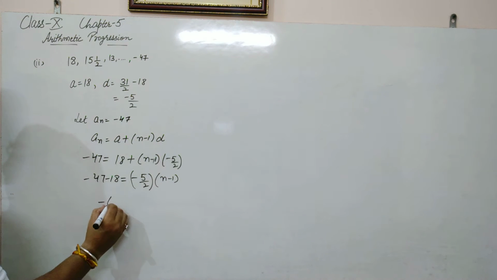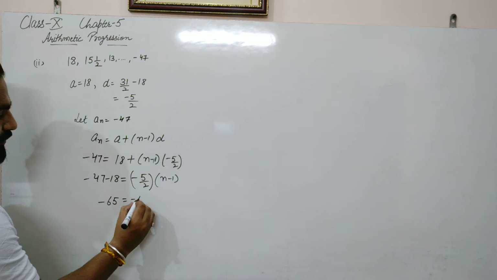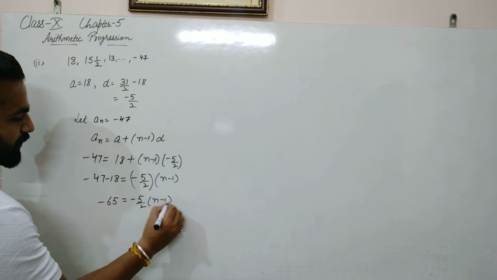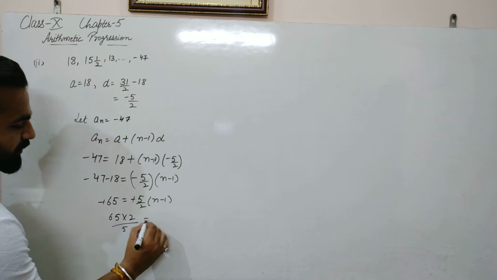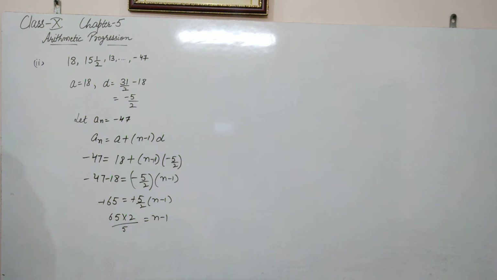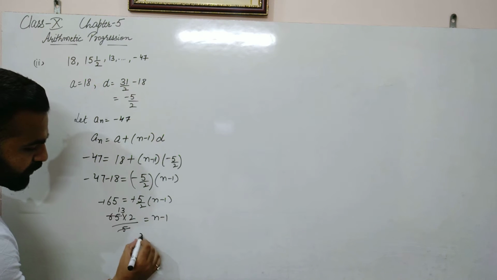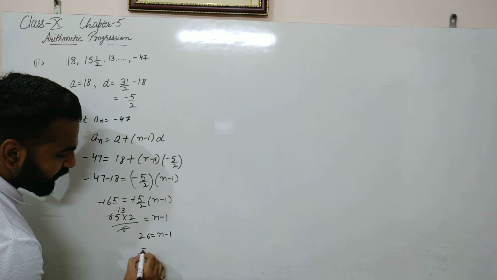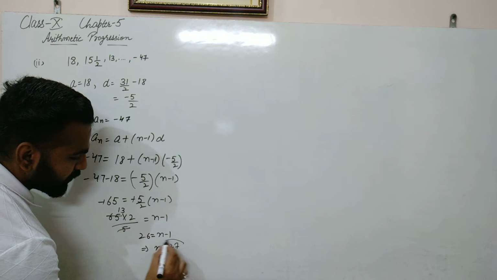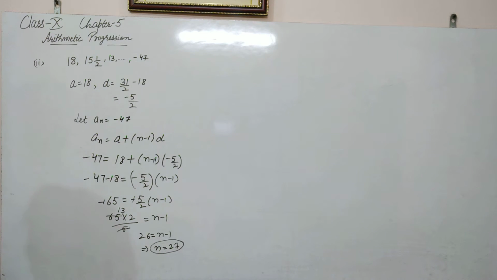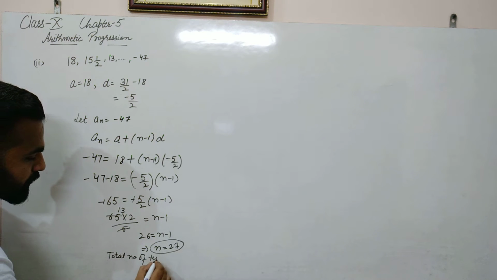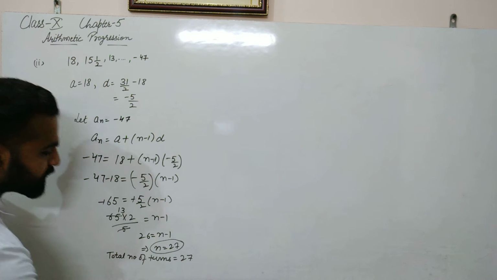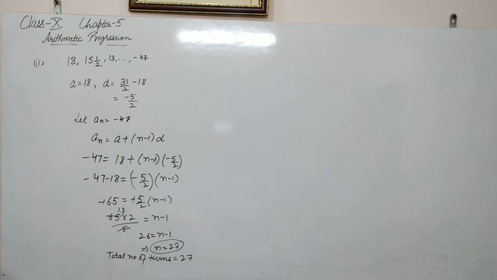This will be equal to minus 65. The minus will cancel out, and 65 into 2 by 5 is N minus 1. So 13 into 2, 26, equal to N minus 1, and from here N is equal to 27. So the total number of terms is equal to 27. This was the second part of question 5.